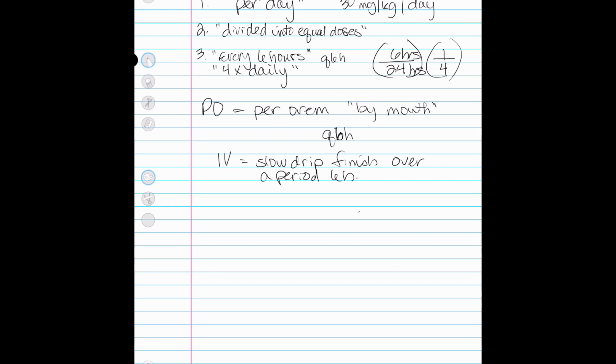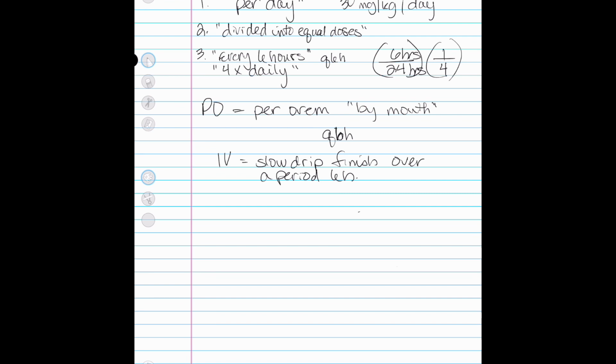Whenever you see over, that's always going to be referring to IV, right? If you say every 6 hours, then that's going to be once every 6 hours. That's most likely going to either be a per orum drug or an intramuscular drug or a suppository, whatever. Can't imagine you'd want a suppository every 6 hours, but whatever.